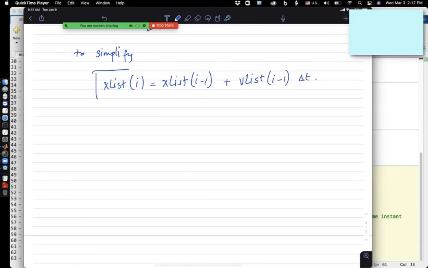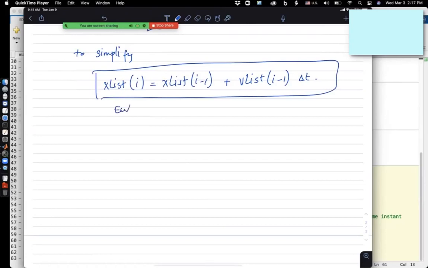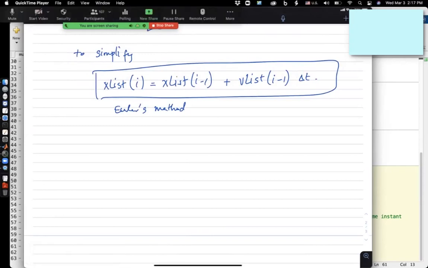This is basically Euler's method. Does this make sense? The current x is the previous x plus the previous velocity times the time increment. Any questions?